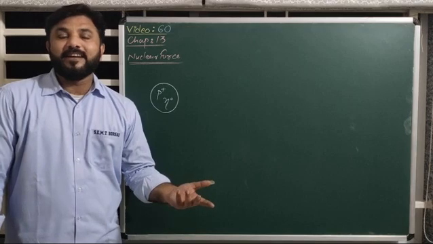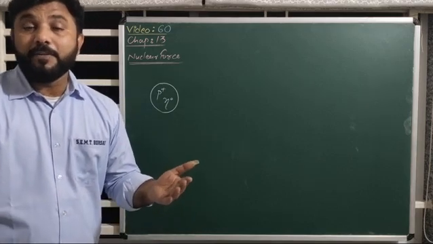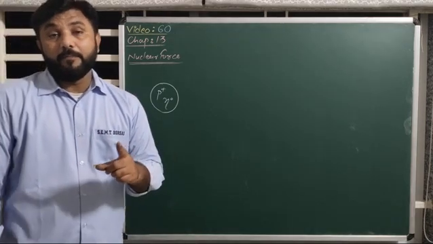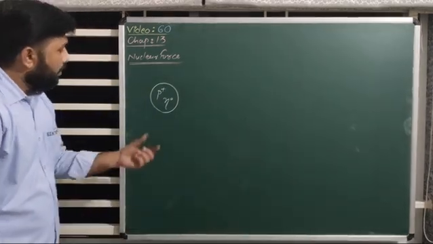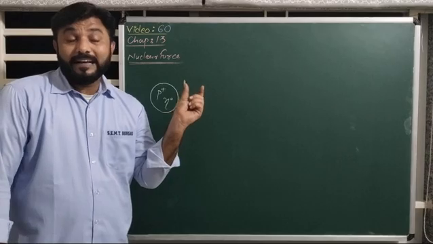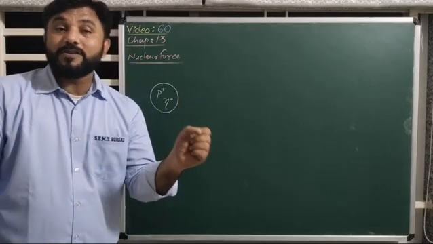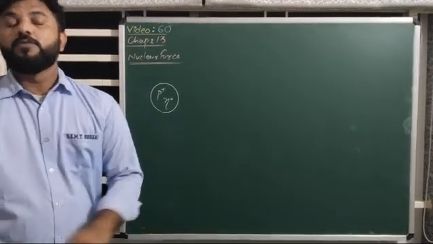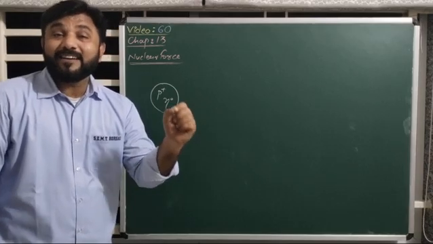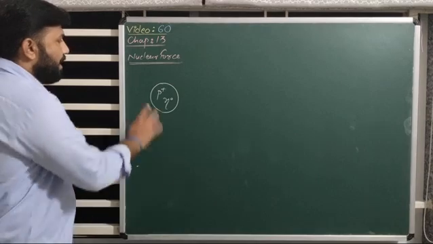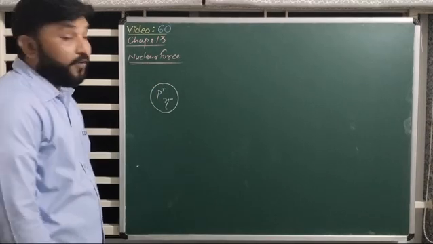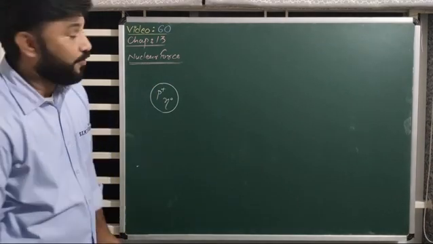Or you can say that 10 raised to minus 14 meter is 1 FM, Fermi meter. Clear? So, in that much radius, all the protons are residing. All the neutrons are residing. Why? Because of the name of our topic for today is nuclear force.